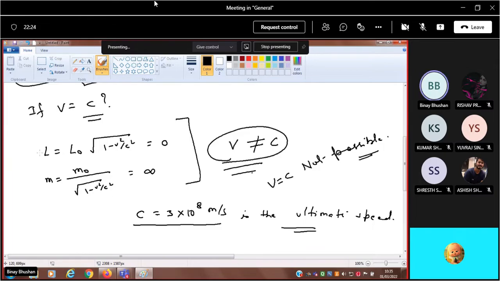साइंस का डेवलपमेंट तो ऐसे ही होता है ना. थॉमसन ने बोला था कि the electrons are embedded inside the atom, राइट? थॉमसन का तो यही कंसेप्ट था ना पहले.